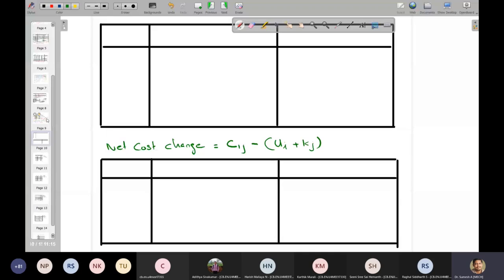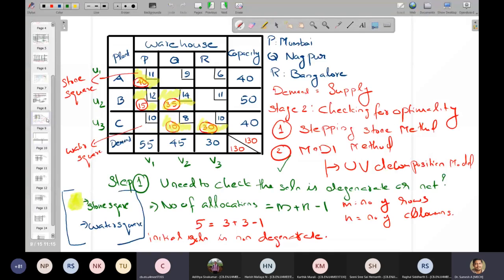The allocated cells or the unallocated cells? The unallocated cells only. Yes, we have to calculate the net cost change for the unallocated cells.